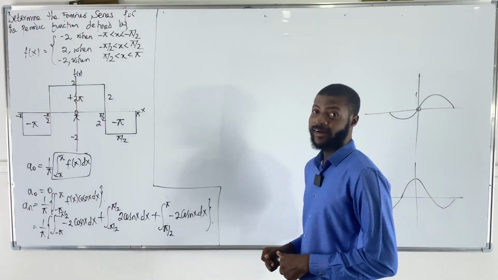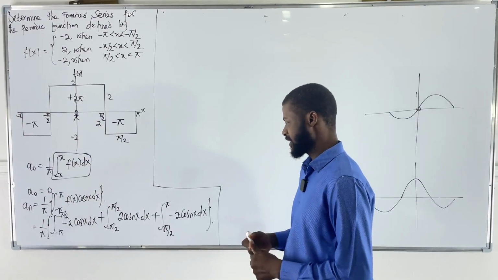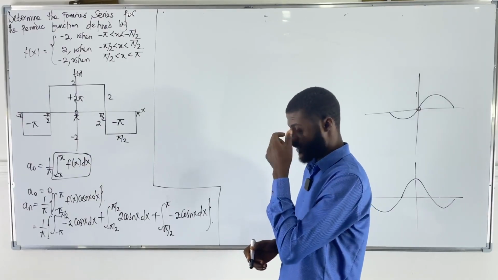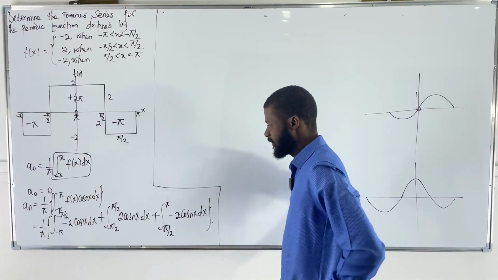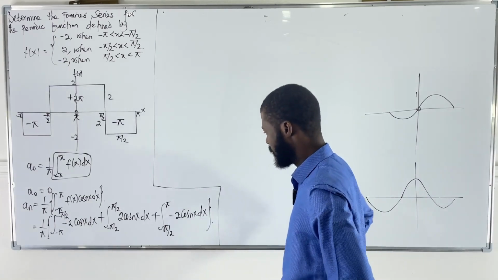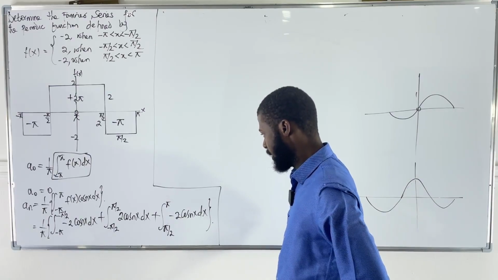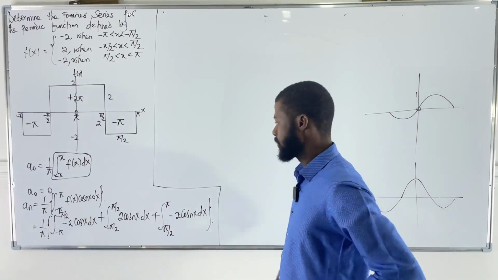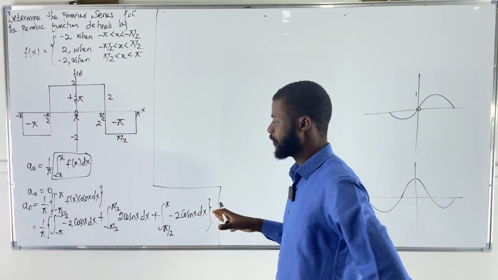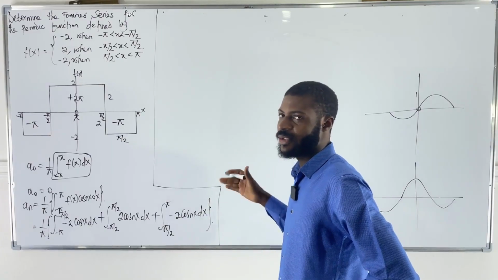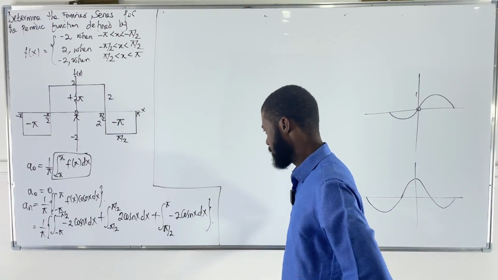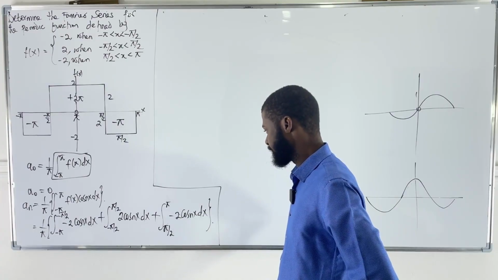Okay. Now, like I said, there's actually an easy way to evaluate all of these integrals, but they're looking kind of bulky. Let me see if there's a way I can simplify it without going through the stress of doing them one by one. If it's something I cannot apply in this video because I've not yet treated a particular subheading, then I won't do it. But let me see.